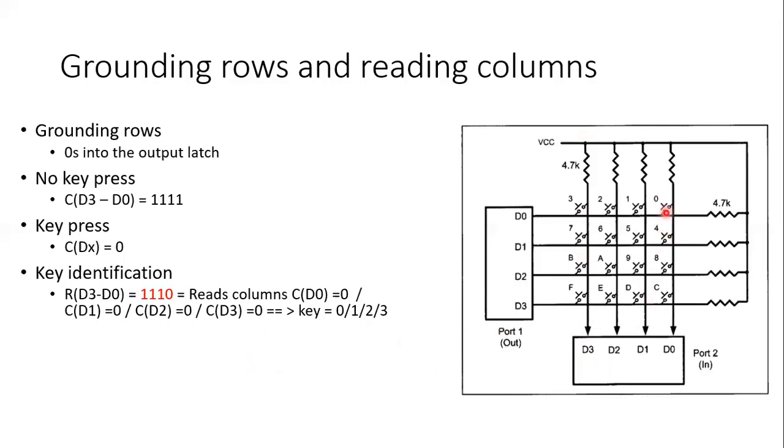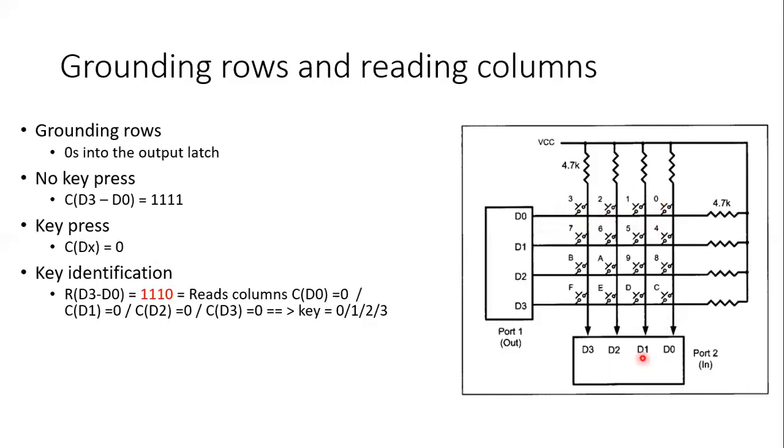Next, if a key is pressed and the column D0 is having a value 0, then the key pressed might be from 3 to 1 and 0, isn't it? If this particular column is having a value 0, then the key pressed must be 0.